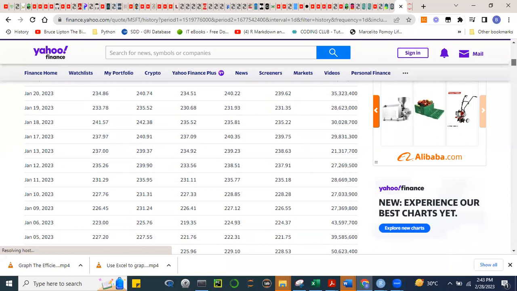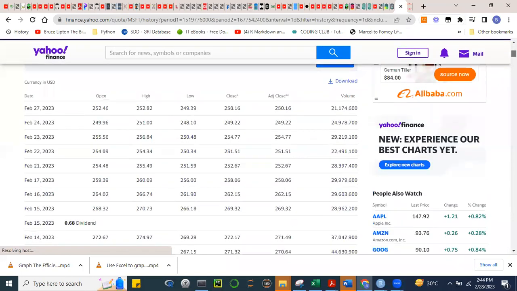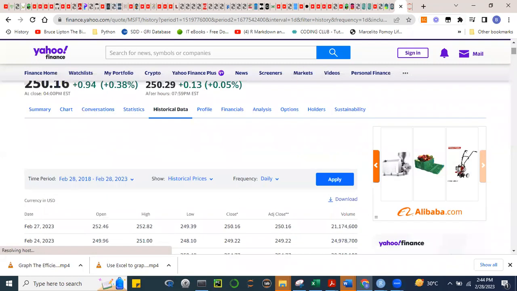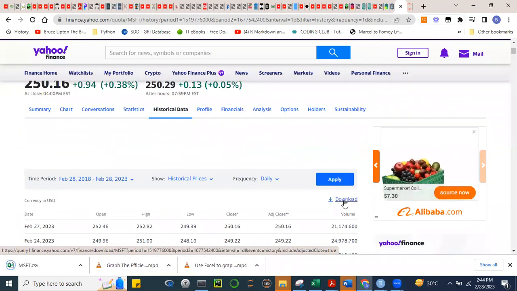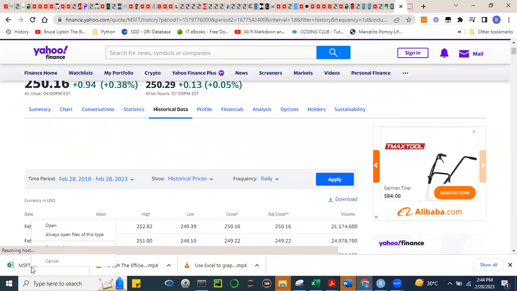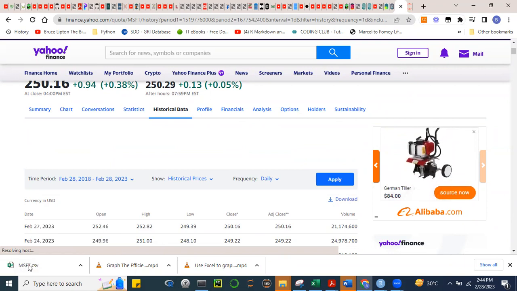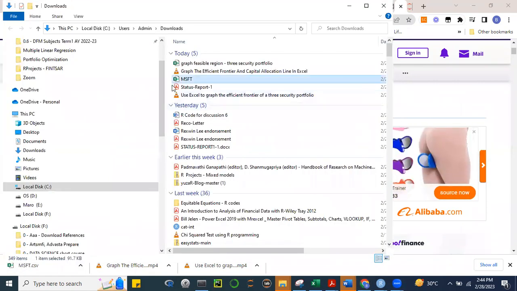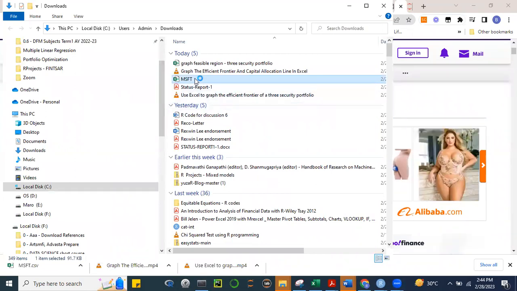So now what I'm going to do is I'm going to download this here. Download. So we can download this data, download, and it will download as a CSV file. All right, let's open this. Show in folder, and then I'll open this.